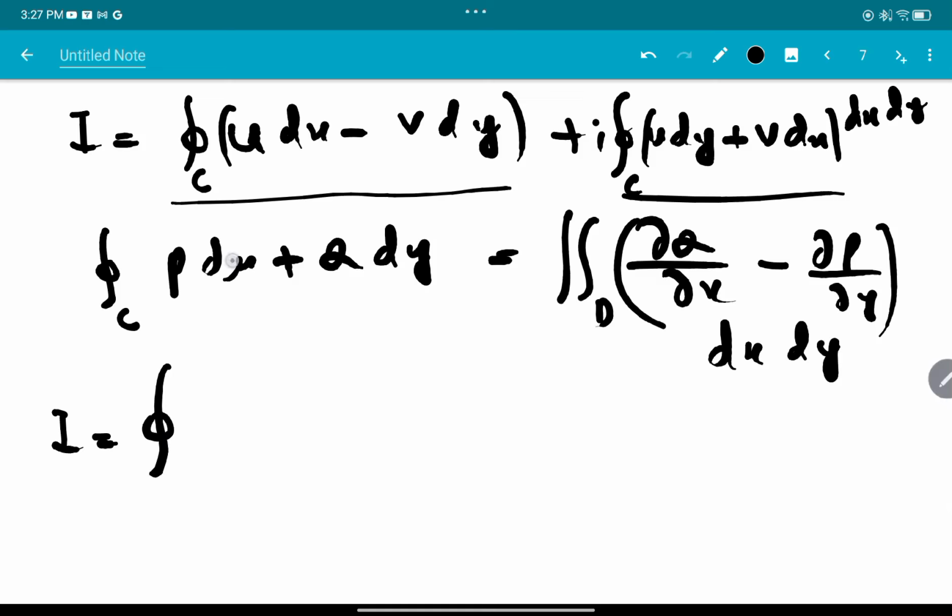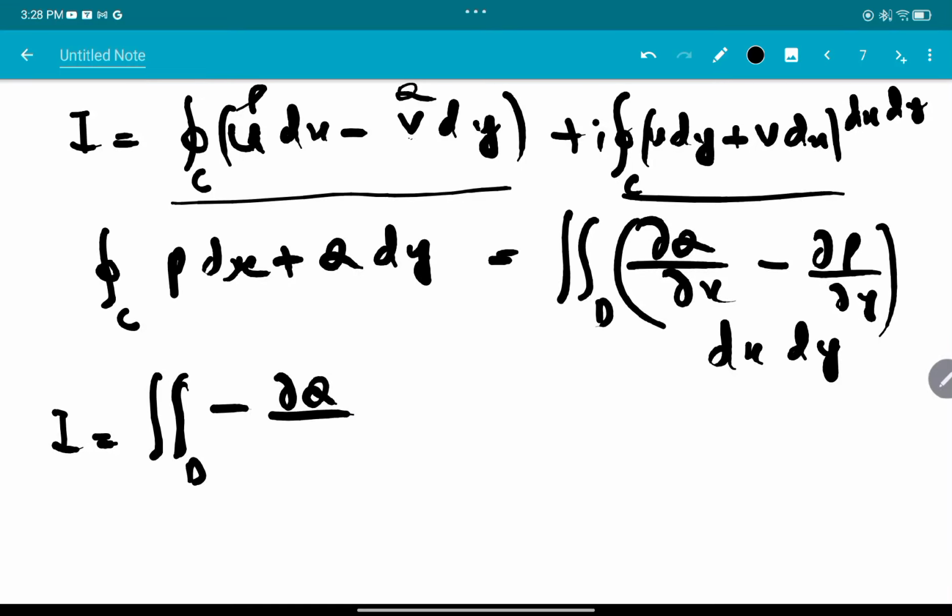So substituting now using this for the first part, we will use it with patience. First identify that in place of p you have u here, and in place of q you have minus v here. So if I now write this double integral for it, this surface is not closed, it is bounded but not closed. Now q is this and p is this.